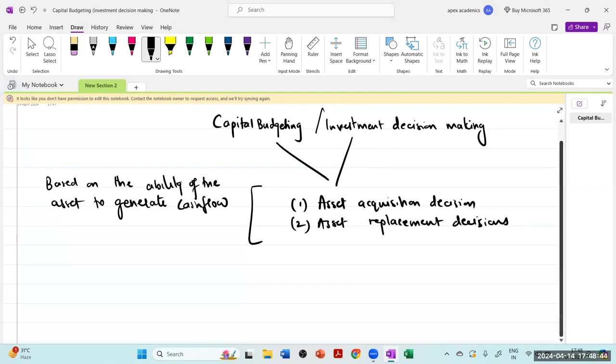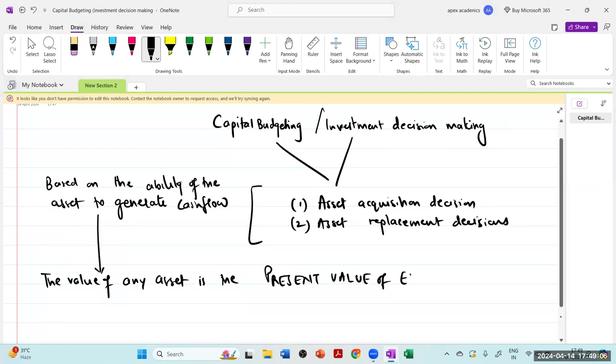Keep one thing in mind as we go along this chapter, which is going to be for three or 4 days: the value of any asset, this is the most important part, is the present value of expected future cash flows. The value of any asset is the present value of expected future cash flows.